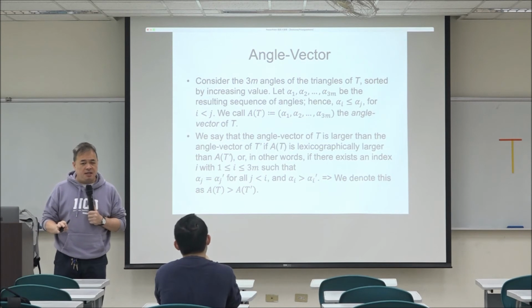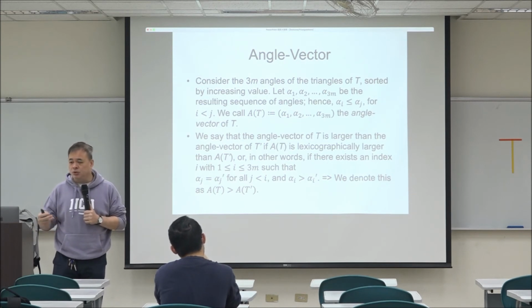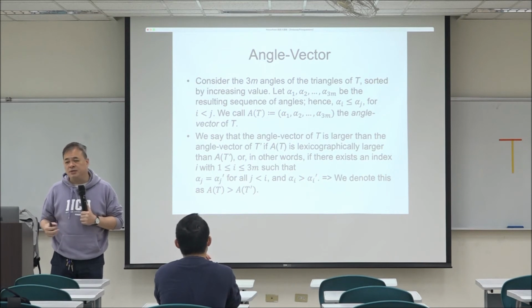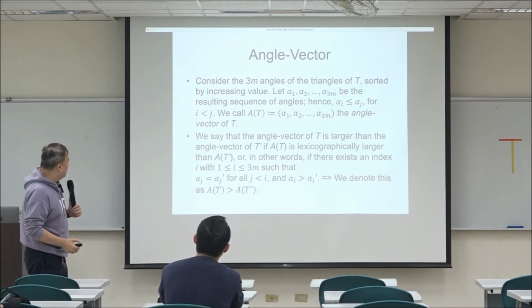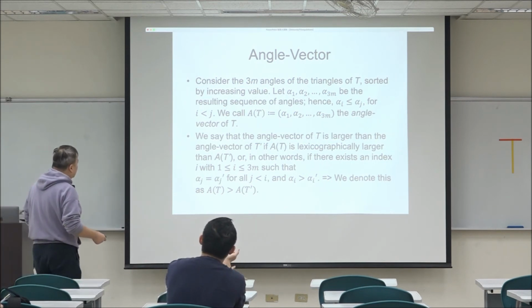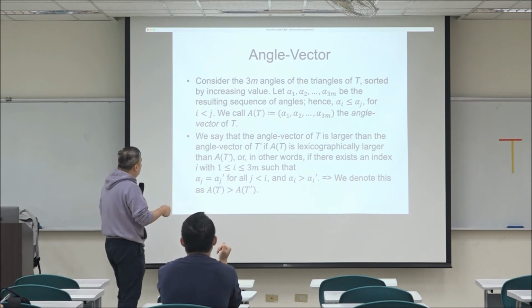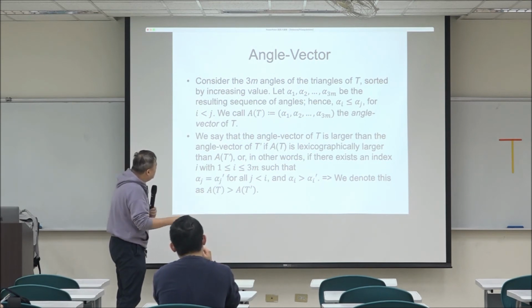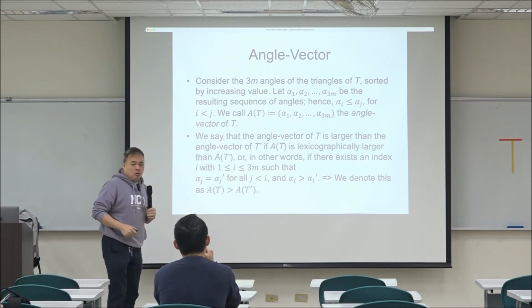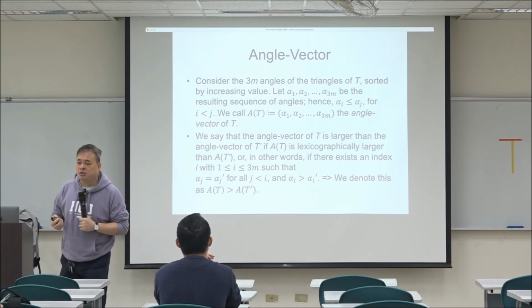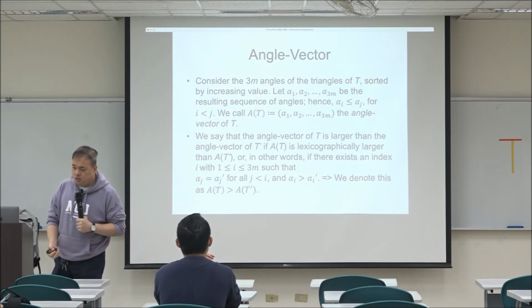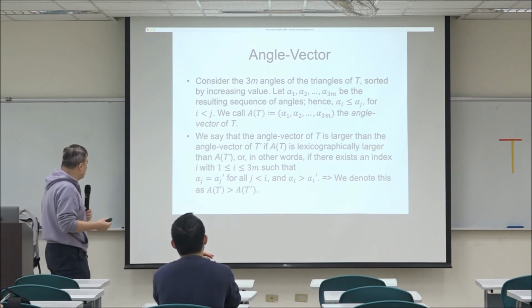Remember I told you there are many different ways to triangulate a set of points, right? So now we will actually be using the angle vector to evaluate the quality of the triangulation. How do we evaluate?